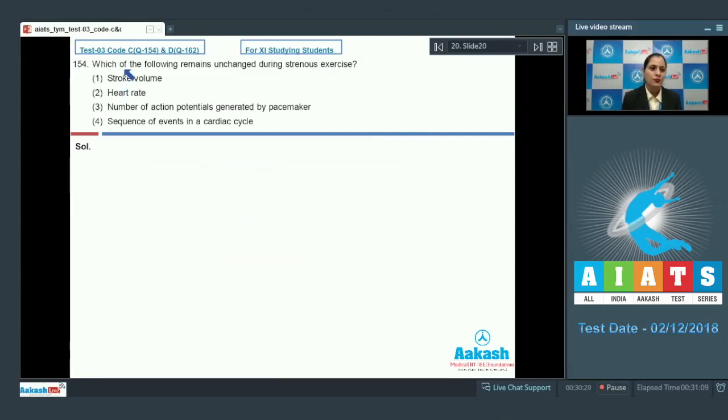Question number 154. Which of the following remains unchanged during strenuous exercise? During strenuous exercise, there will be increase in the number of action potentials which are generated by the pacemaker. And this increase in the number of action potentials will increase the heart rate.